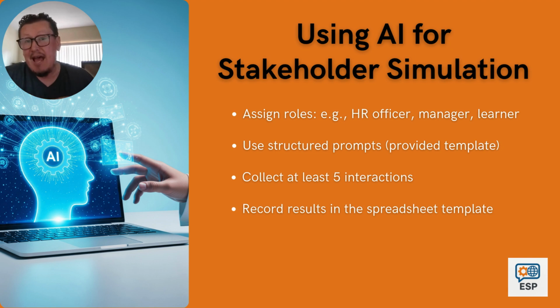Now, for the task at hand, it's not just to get the information for the salesperson. What you really want to do is get a variety. Here I have five interactions, maybe from the HR office, from the manager, from the learner himself, maybe from a client.